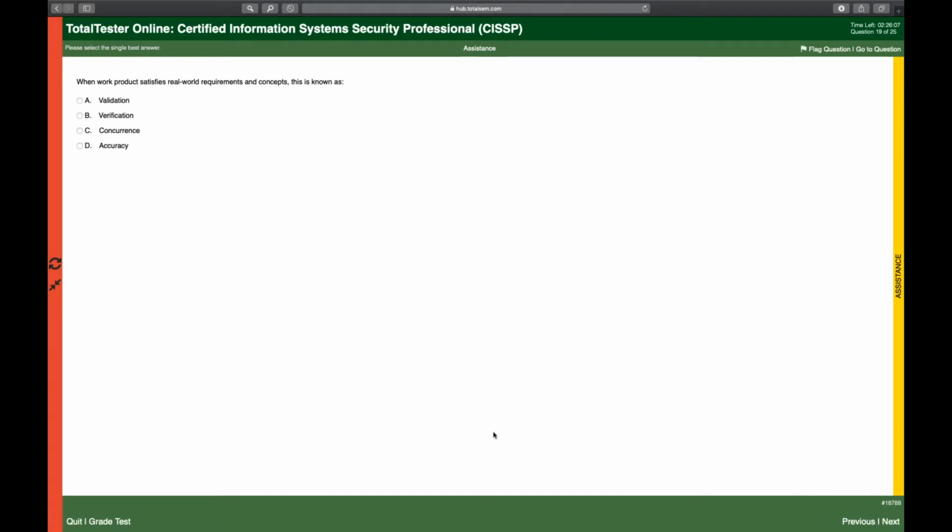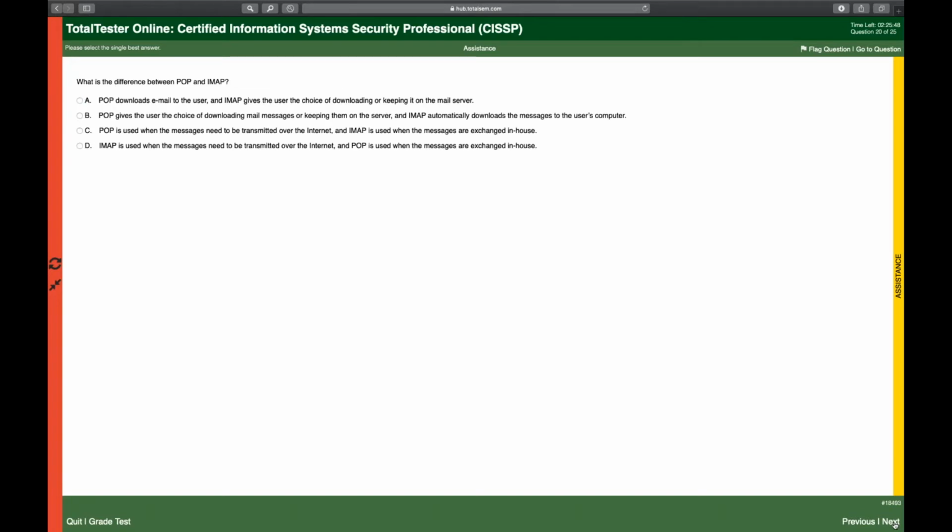But that's just my thought. We'll see if they give us a definition of the difference between verification and validation. My mental picture pretty strongly tells me validation. We'll see. I'm going to be in the doghouse if we don't do well on this one. All right, number 20. What is the difference between POP and IMAP?